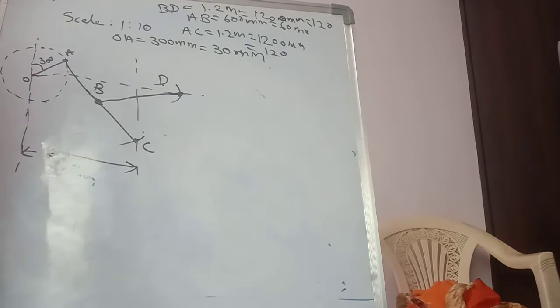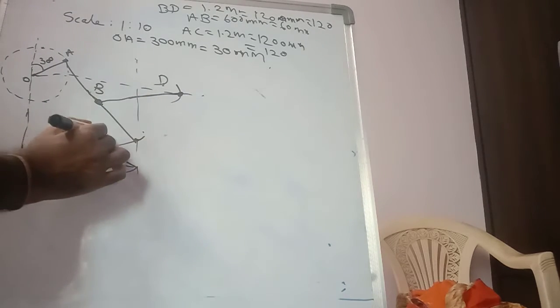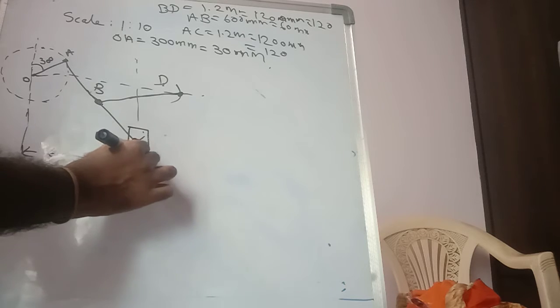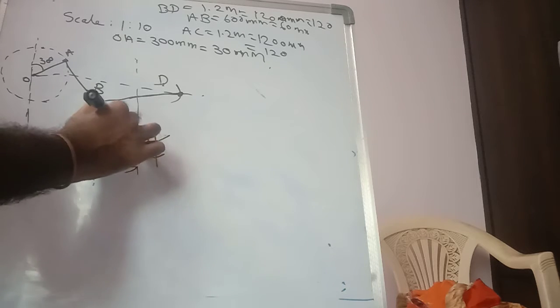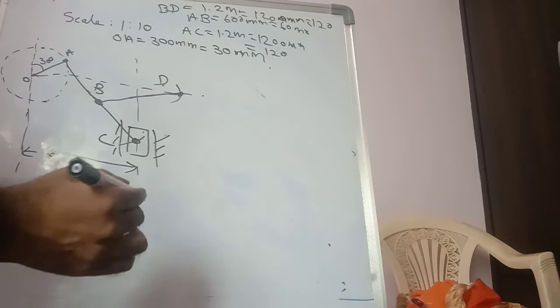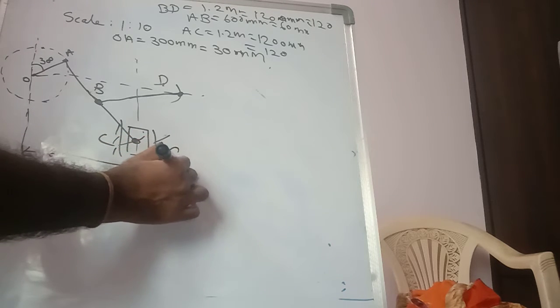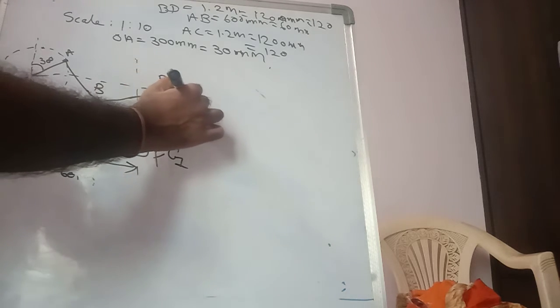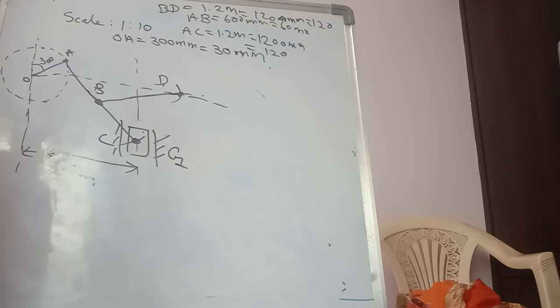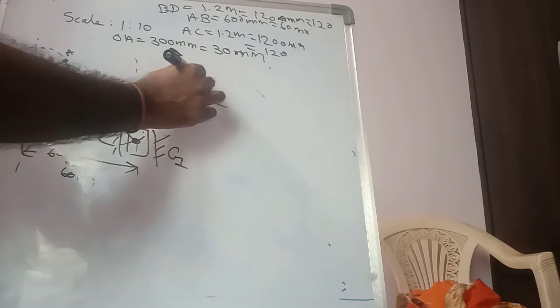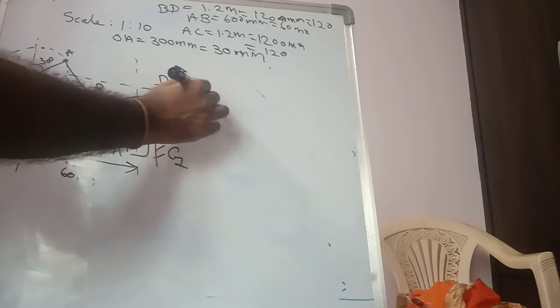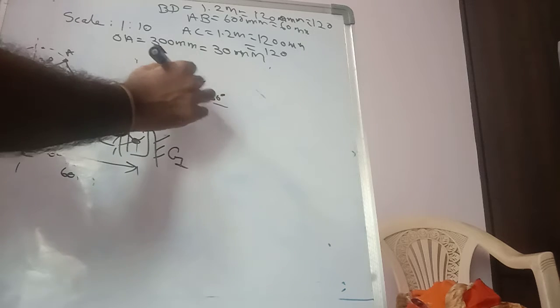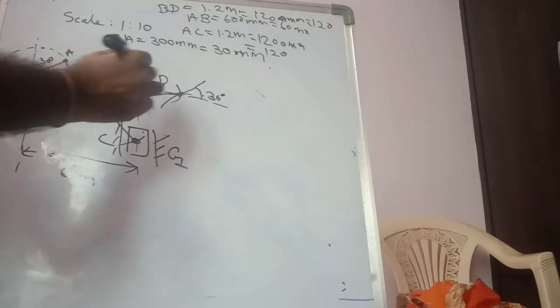Okay. Now at C, this is the point C, there is a vertical slider. This point is G. This is the vertical slider. Similarly at D there is a slider, but the slider is at an angle of 30 degrees to horizontal. At 30 degrees you have to draw the slider.